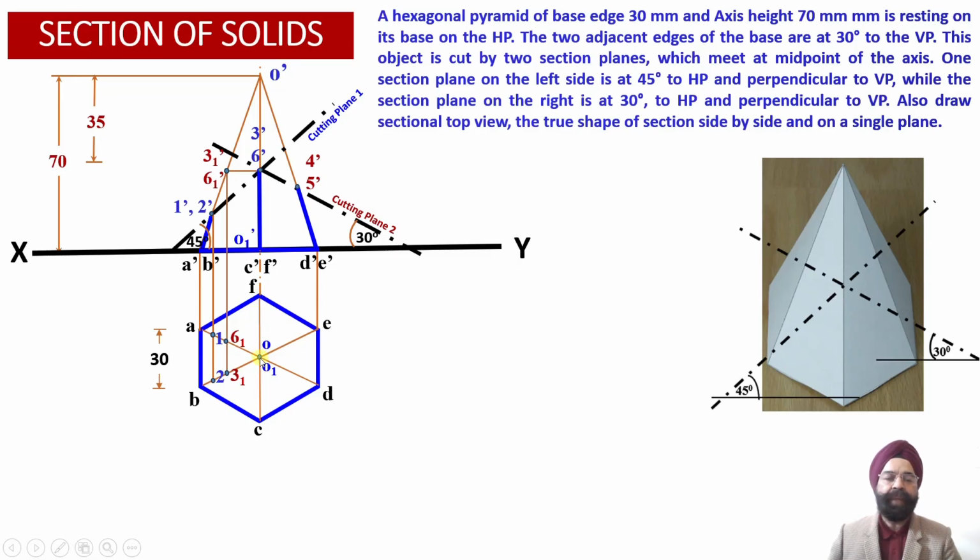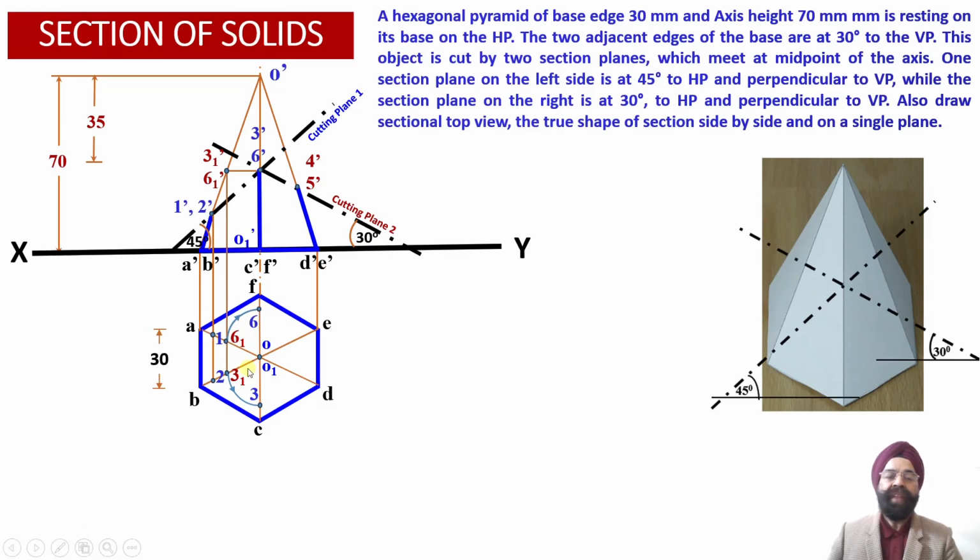Similarly, with O as the center point, we open the compass equal to O3'1 and draw an arc in this direction so that we obtain a point of intersection of this arc with the slant generator OC. So this radius has been transferred into the top view projections. This point will be obtained as point 3, and this point will be obtained as point 6.